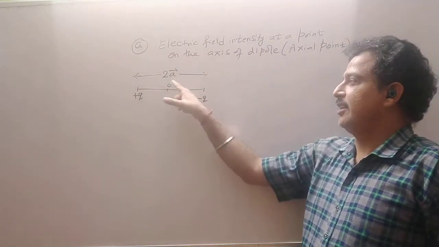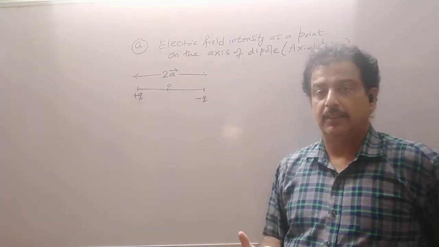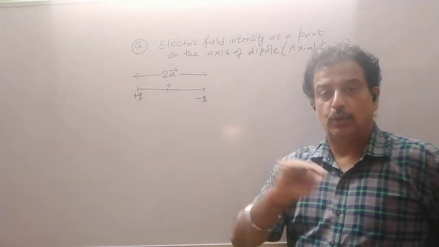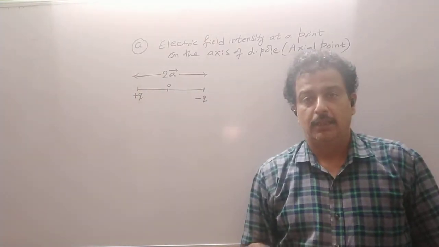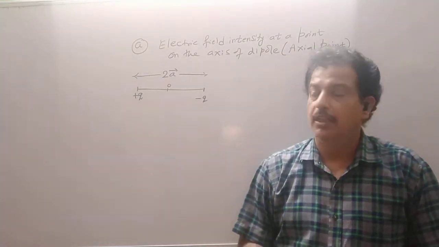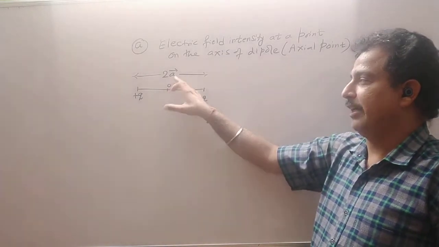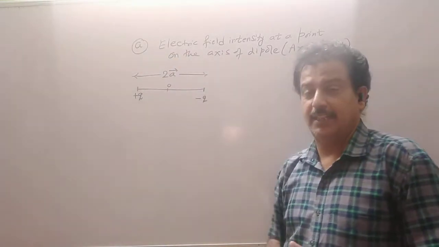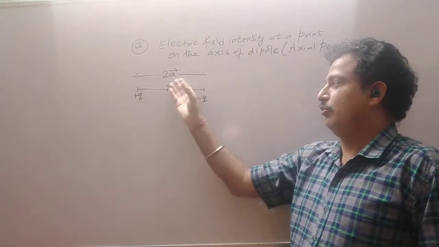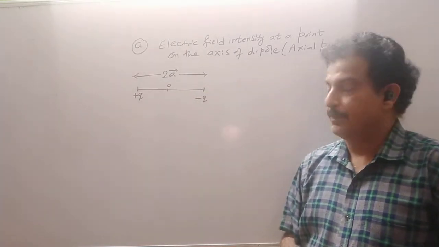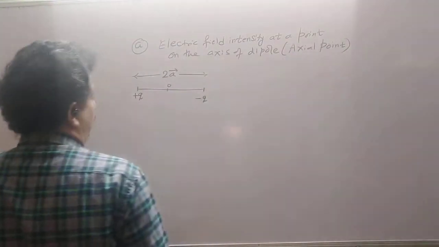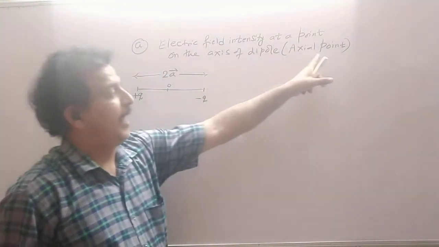If I say the distance is d, then this will be called a by 2, and this will be called minus a by 2. The total distance comes out to be a, so we have to deal with fractions. So instead of taking the fraction, we have denoted the distance by the vector 2a. So half is a, another half is a, and depending upon the axis, positive or negative, we write plus a or minus a. So we need to find out the electric field intensity due to the dipole at its axial point.